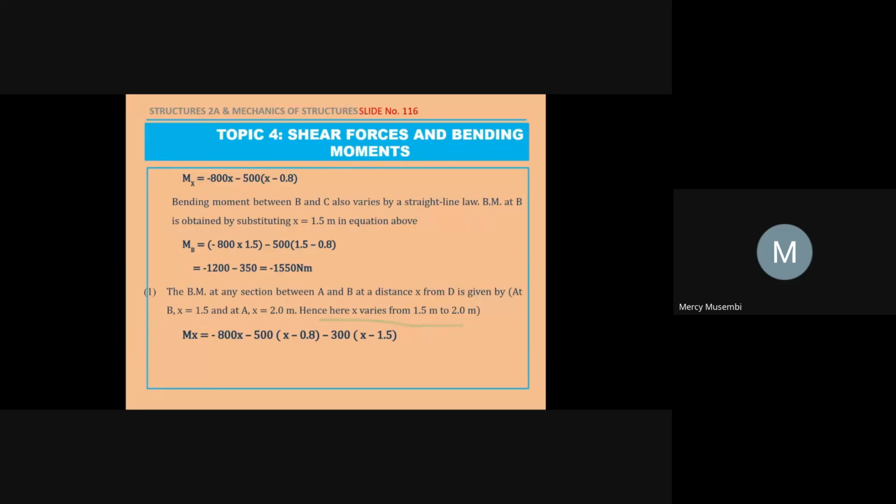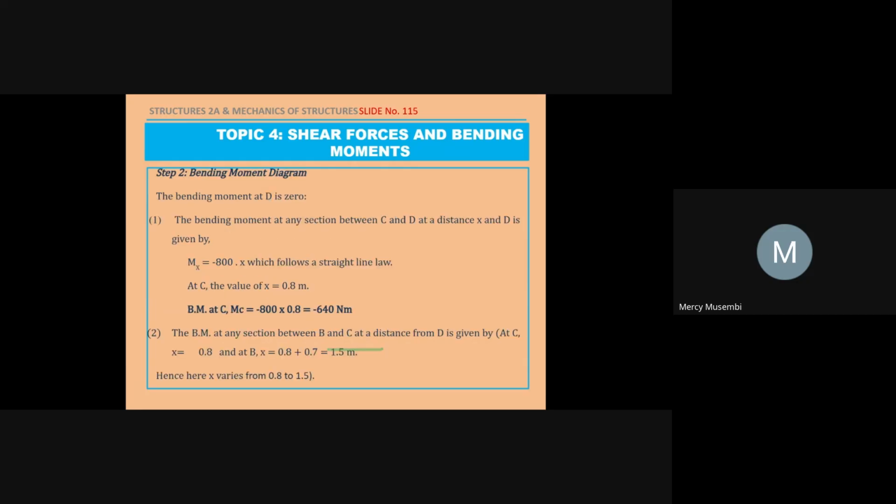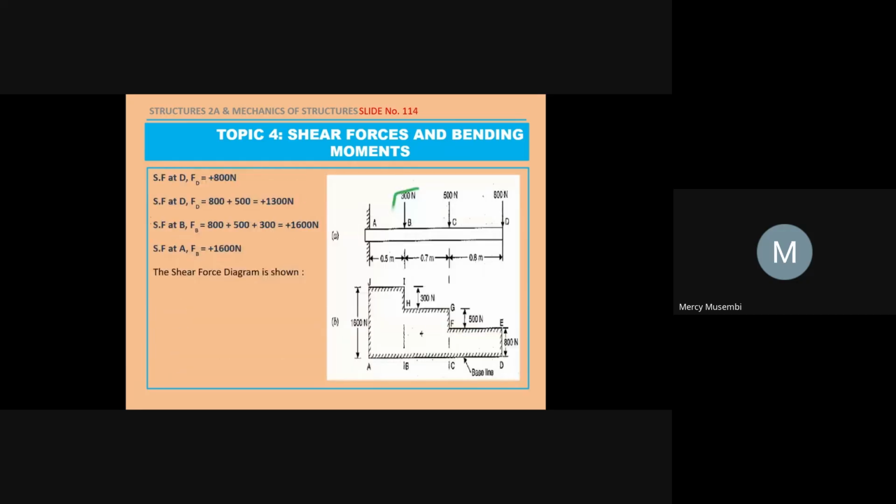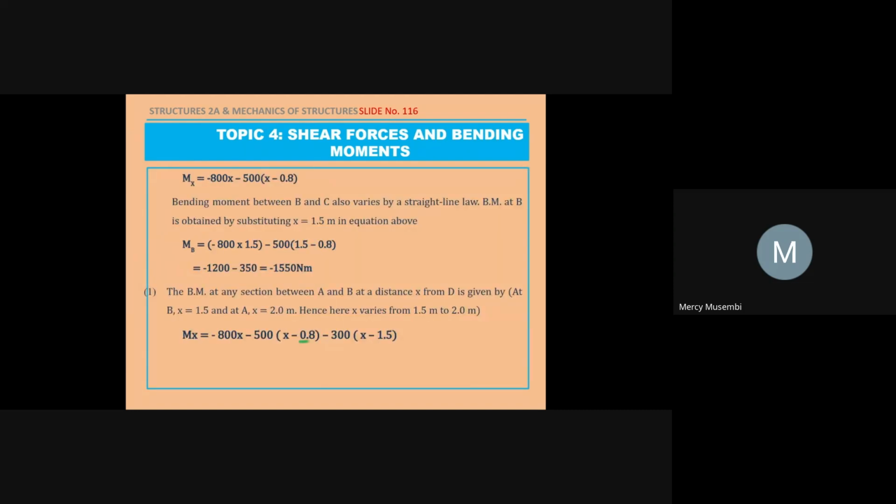So it will be the first equation, Mx equals negative 800x, and then the other one will be 500 into brackets x minus 0.8, minus now 300 into brackets x minus 1.5.